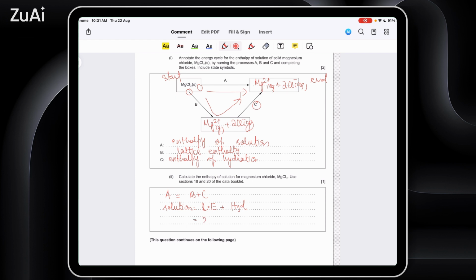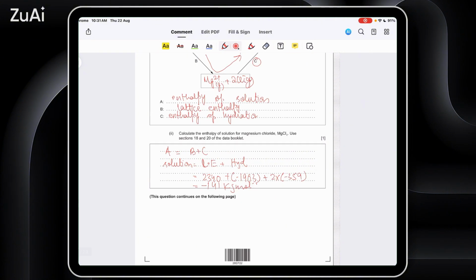So lattice you can see from the data booklet 2340 plus hydration is negative 1963 for the magnesium, and for the chloride it is negative 359. You can solve it to get the answer. So that's the solution enthalpy.